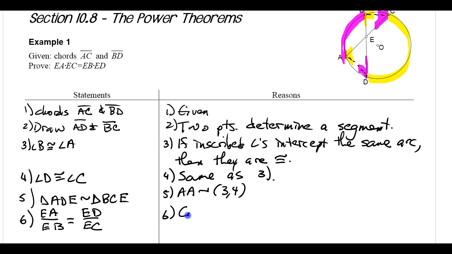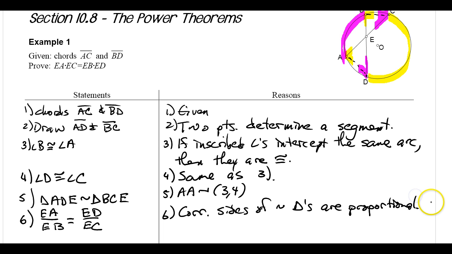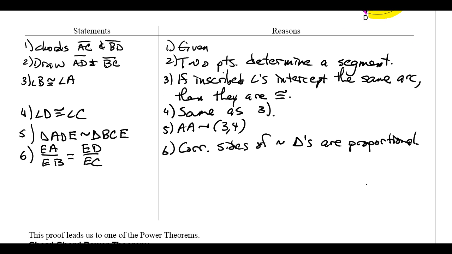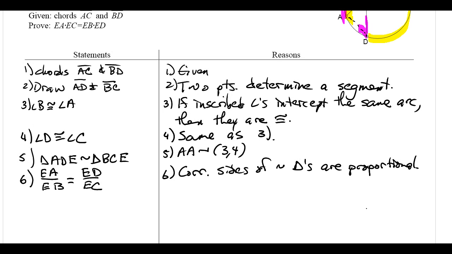Alright, corresponding sides of similar triangles are proportional. And then once I have this proportion, I can simply cross multiply to get what I'm trying to prove.